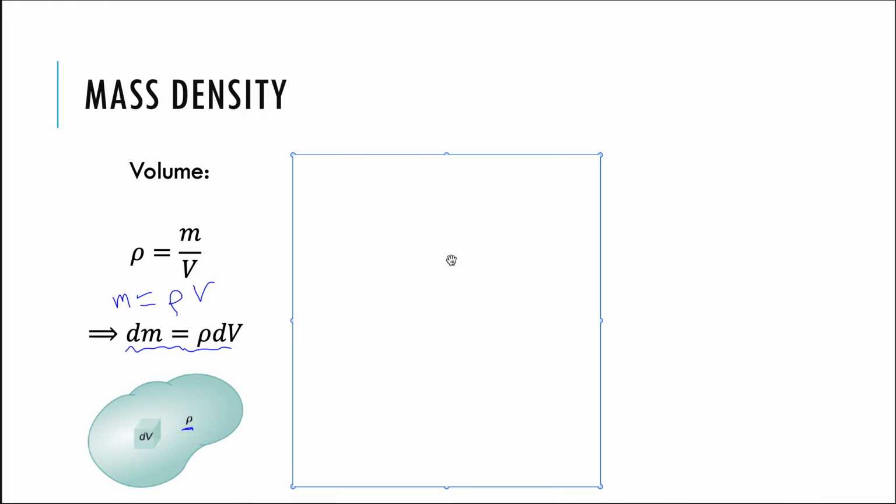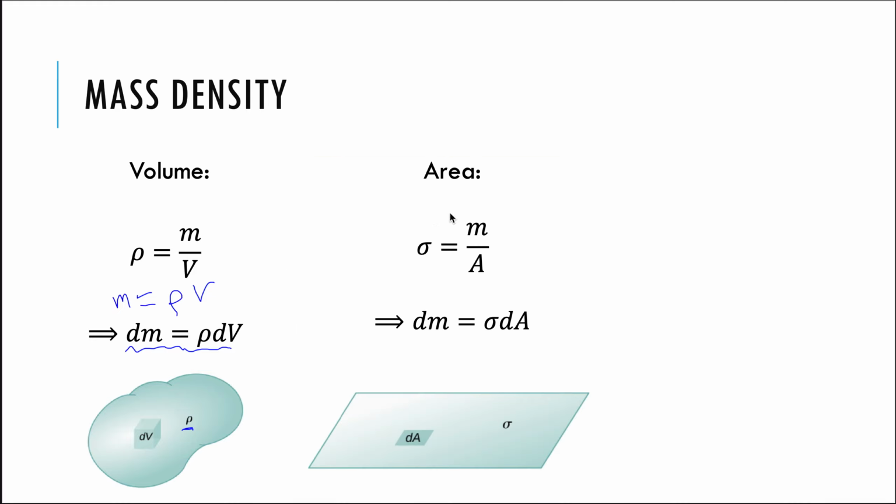Now, sometimes we may have areas, so we make similar substitutions where sigma is the surface density, so sigma equals mass per area, and then we would make a substitution that the little mass element is equal to sigma dA. And if the object is just one-dimensional, right, so volume is 3D, area is two-dimensional, what if your object is one-dimensional?